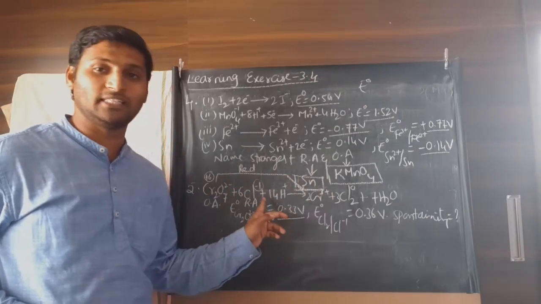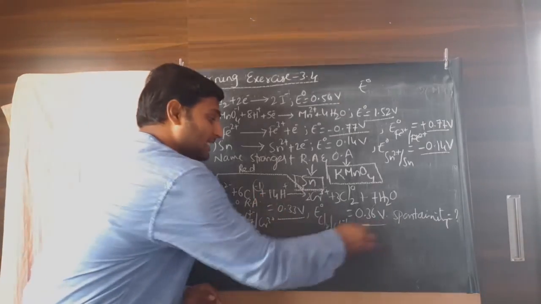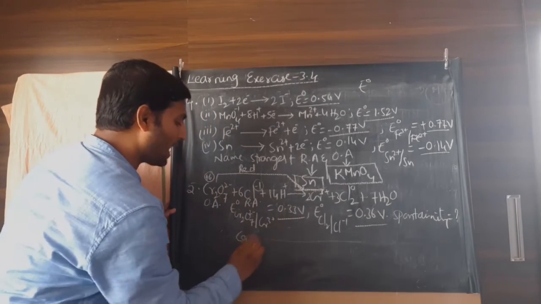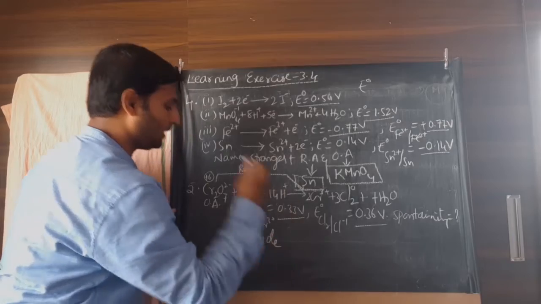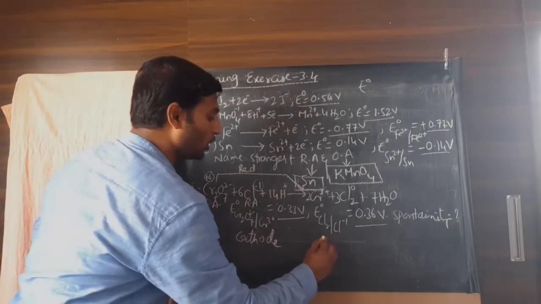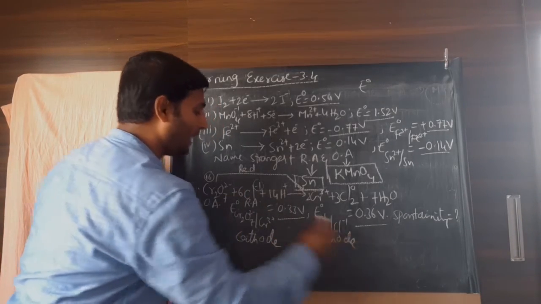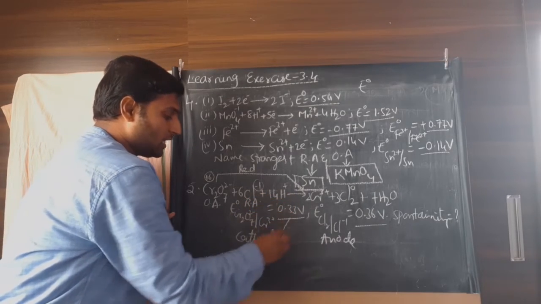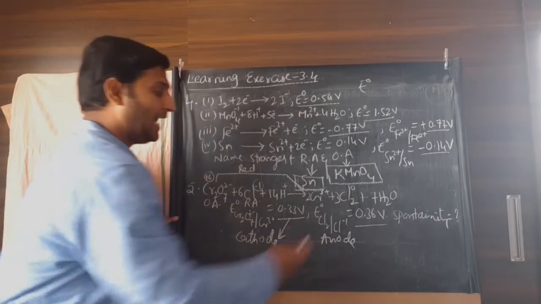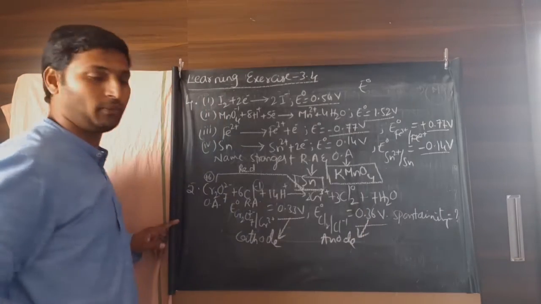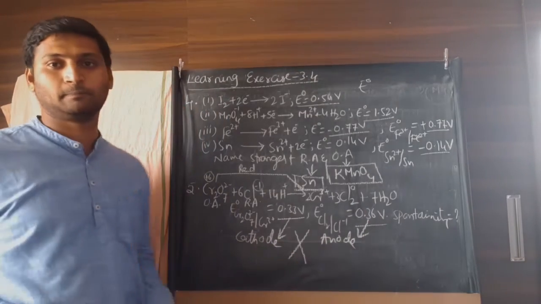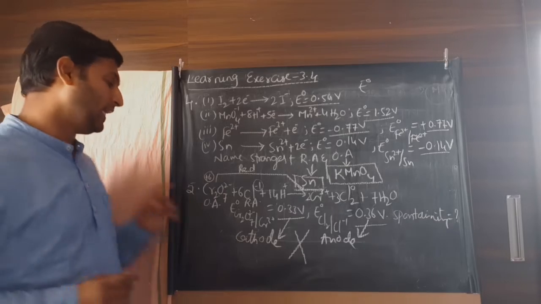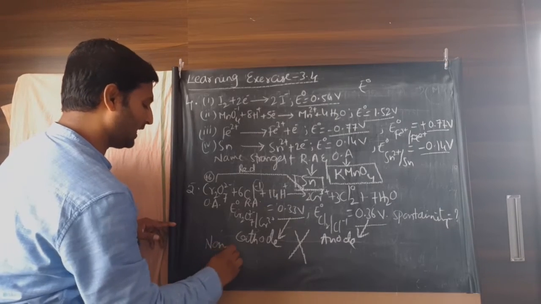The chloride chlorine couple is involved in oxidation and that is having higher potential. According to this reaction, the dichromate couple is cathode, the chloride couple is anode, and a species with lower potential is shown to be cathode. A species with higher potential is shown to be anode, and that's impossible. So, it is a non-spontaneous reaction.